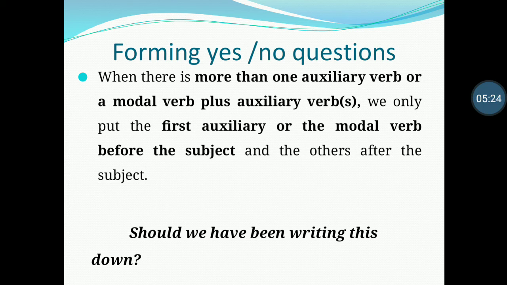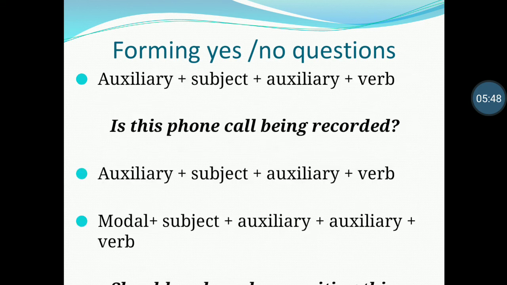This is how we frame a yes or no question if there is more than one auxiliary. For example, should we have been writing this? In this sentence we are given four verbs, three auxiliaries and one main verb, but we have used the first auxiliary, should, at the start.